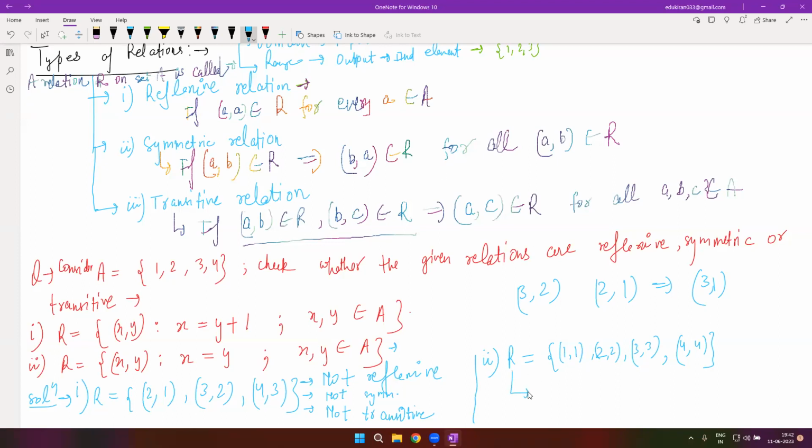Now let's check first for reflexive. Tharif, is it reflexive? Yes, sir. Is the given relation reflexive? Second one. I think so.